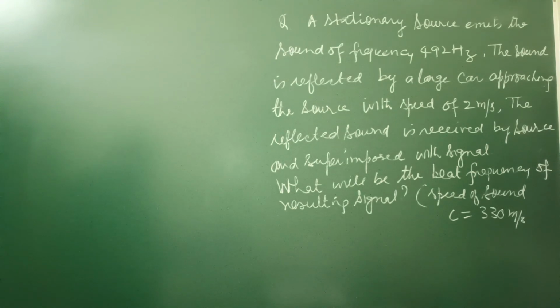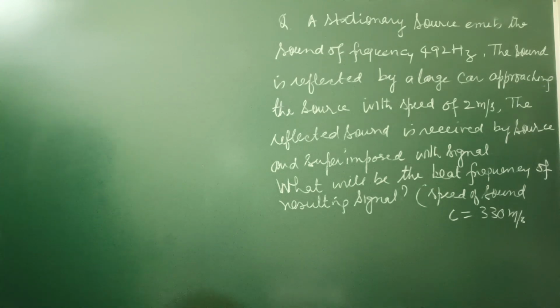The reflected sound is received by the source and superimposed with the signal. What will be the beat frequency of the resulting signal? Speed of sound is 330 meters per second.